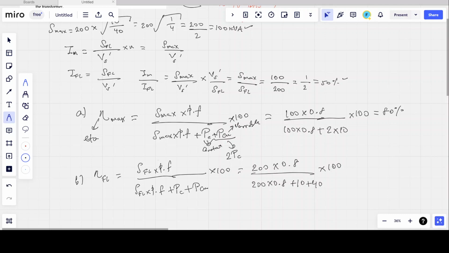And I'm getting 76.2%. Now you can see that this value is lower than the maximum efficiency. So therefore, I have done something correct, right?